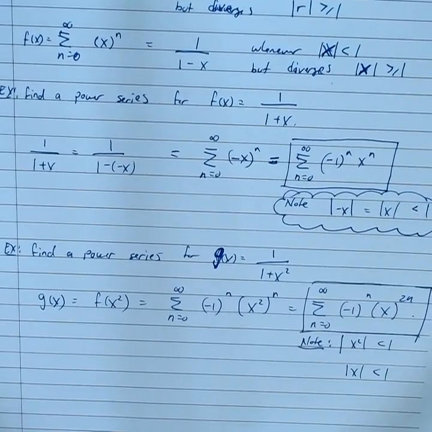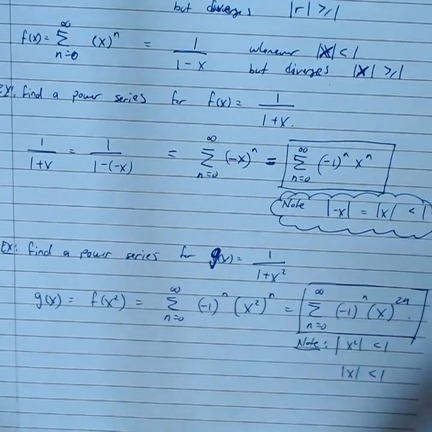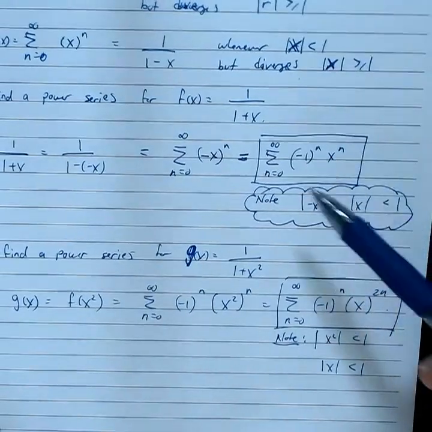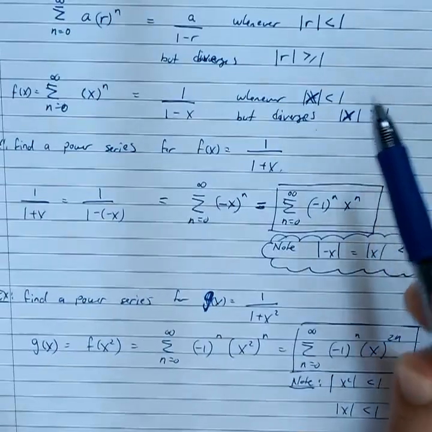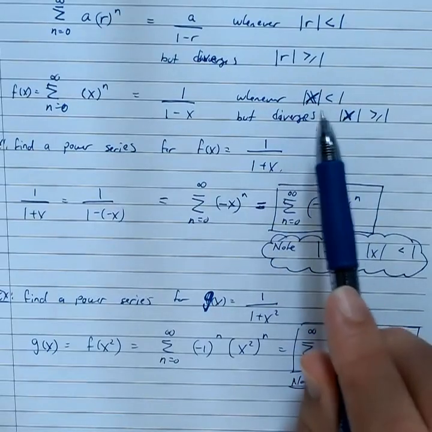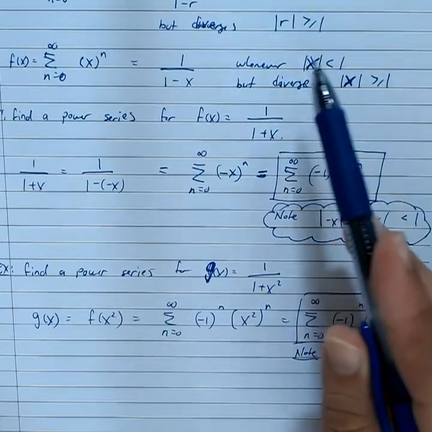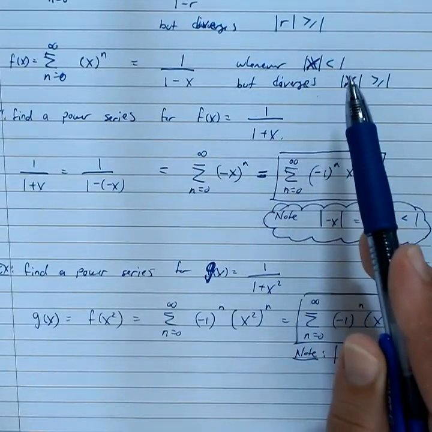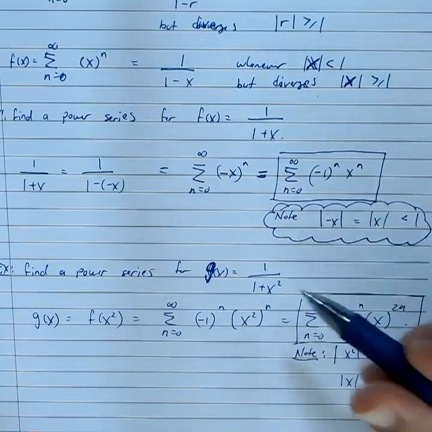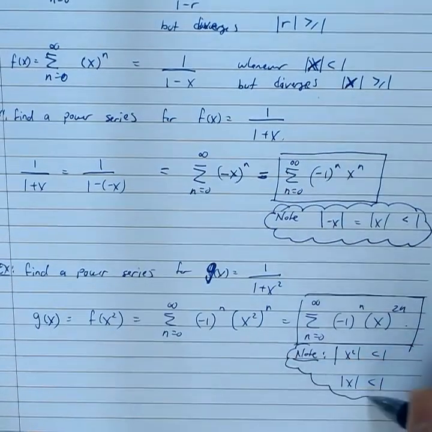Essentially, all of these series were made with an initial series that had this interval of convergence. We want our x to be less than 1. And if this only exists between -1 and 1, then anything that we build out of it would also only exist from -1 to 1.